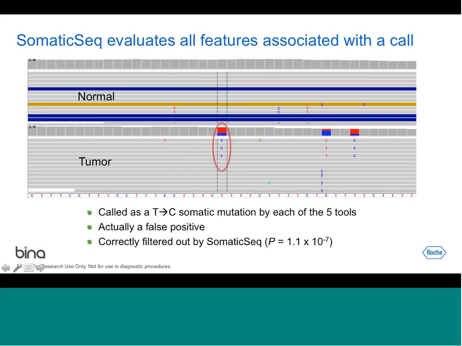The reference is T, and you have some reads that are C, with good base quality score and apparently pretty good mapping score, and it is called a somatic mutation by each of the 5 tools. But it is actually a false positive, and it is correctly filtered out by SomaticSeq. It has a probability of almost 0, about 10 to the minus 7, about as low as you can get.